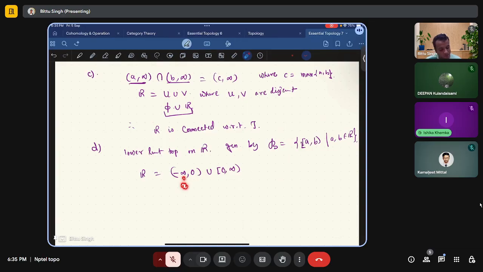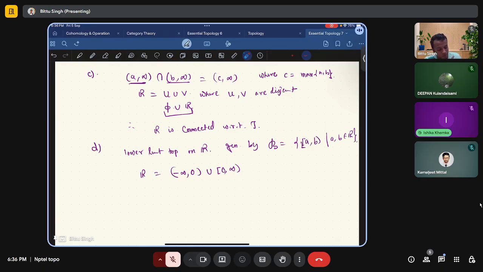Because take any point x belongs to minus infinity comma 0, x always lies in this kind of thing. X comma, take something which is strictly smaller than 0, x comma minus epsilon, right? This is already contained in this set, this minus infinity comma 0. So minus infinity comma 0 is open because if we take any point from this minus infinity comma 0, there exists a basis element which contains that point, and this basis element is contained in this minus infinity comma 0.